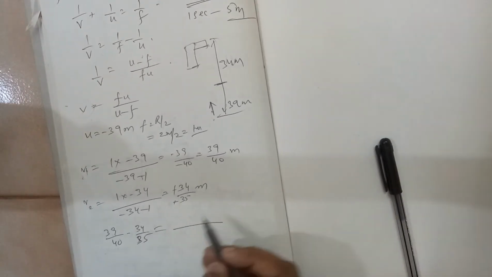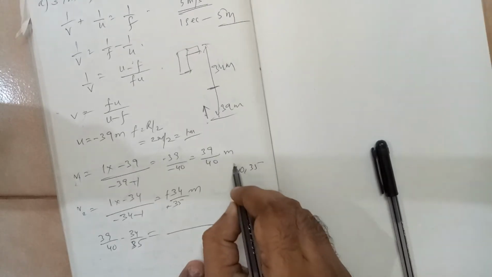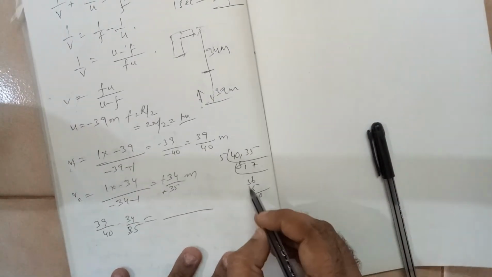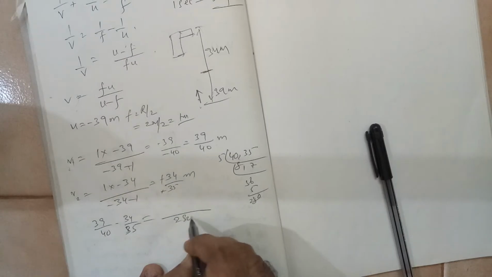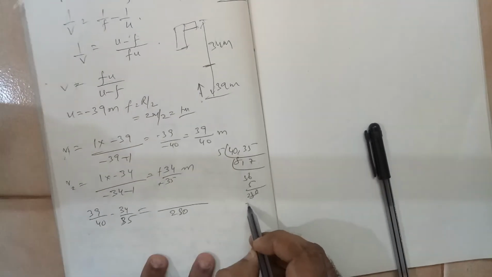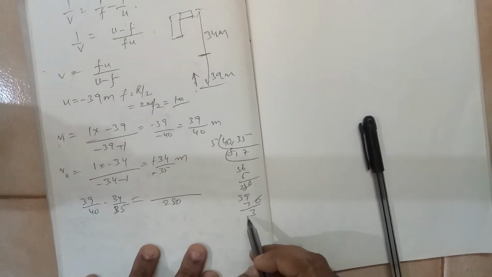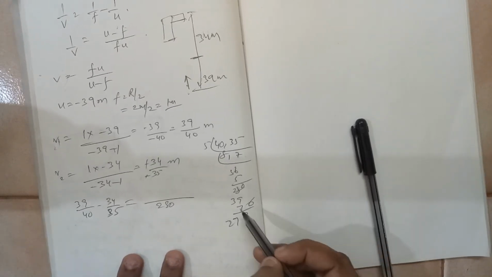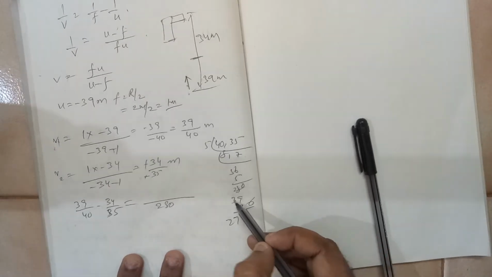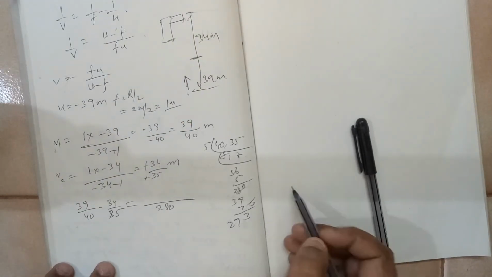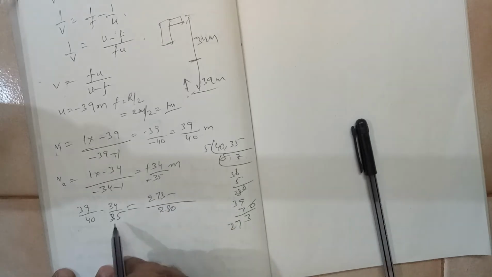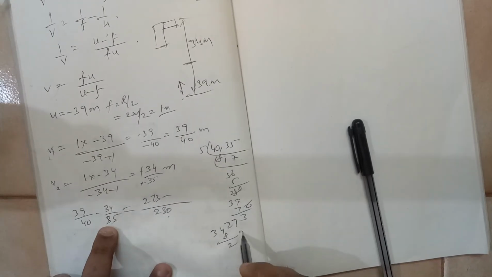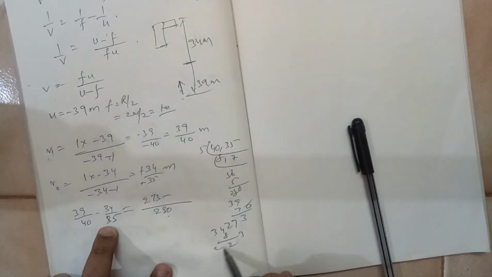So if you take the LCM of 40 and 35, it is 280. 39 into 7 is 273, and 34 into 8 is 272.